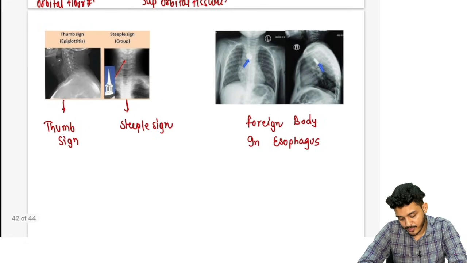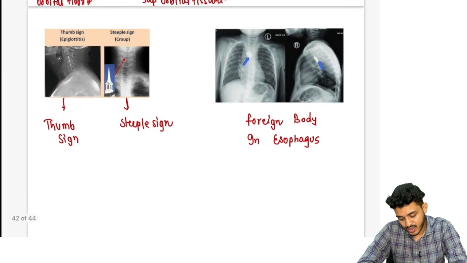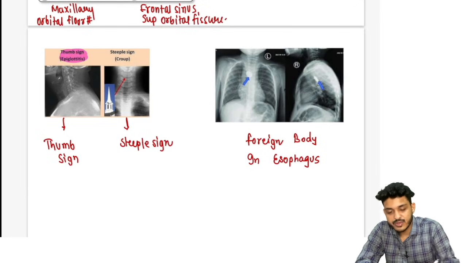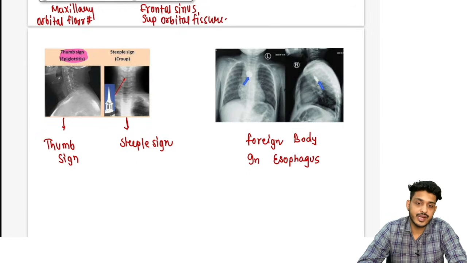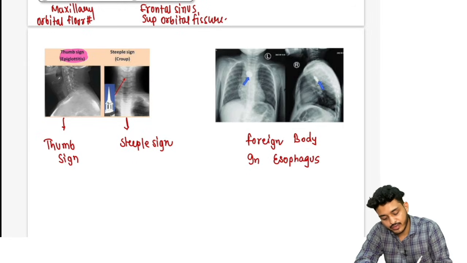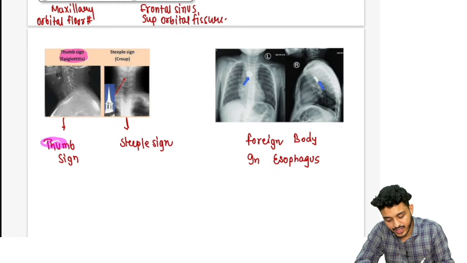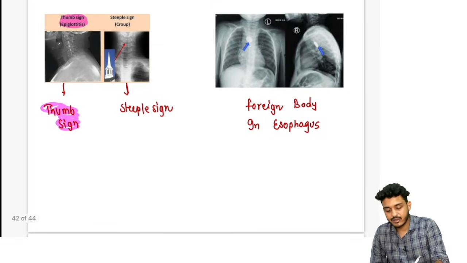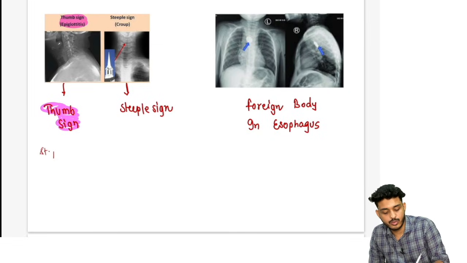Then you have got some important signs. These are going to be the two important signs that we are having. The first one is going to be your thumb sign. Thumb sign you will be finding in the cases of epiglottitis, and this epiglottitis is due to Streptococcus pneumoniae.